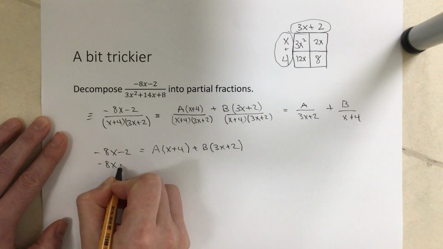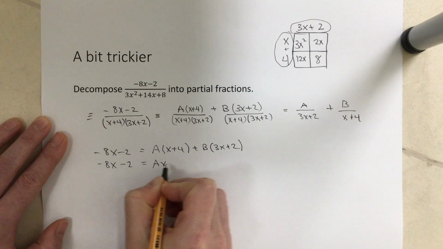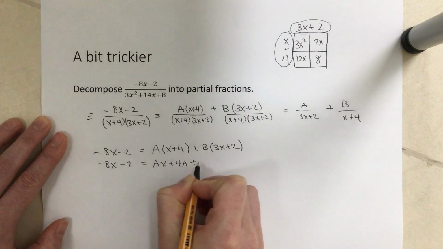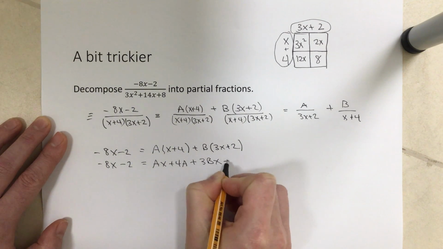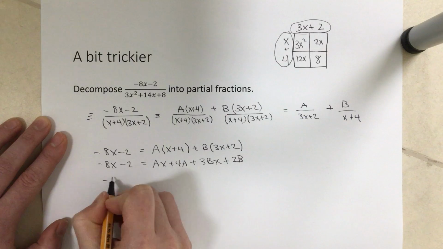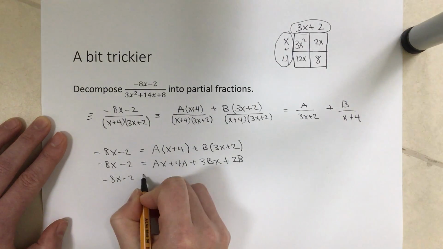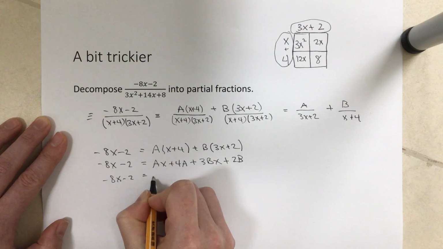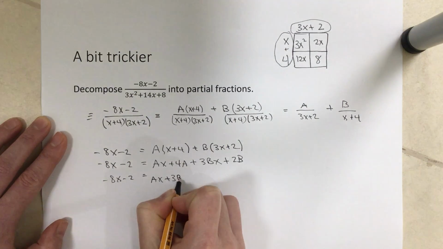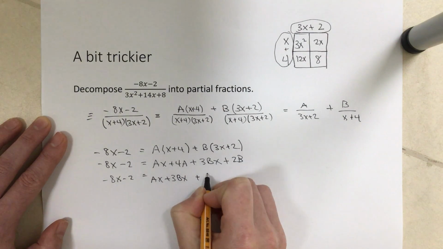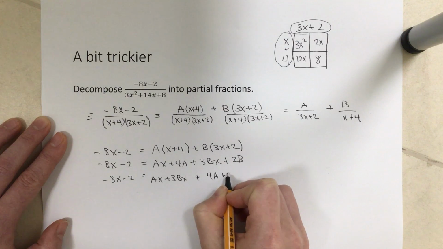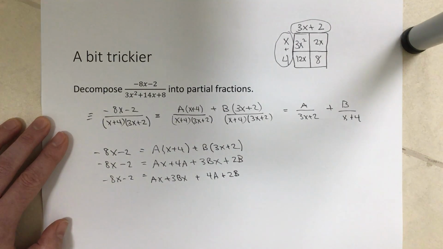So negative 8x minus 2 equals ax plus 4a plus 3bx plus 2b. Rearranging it so that I get my x terms together, so ax and 3bx. And then I'm going to get my constants together. Remember that a and b are actually some numbers, so those are constants and not variables.